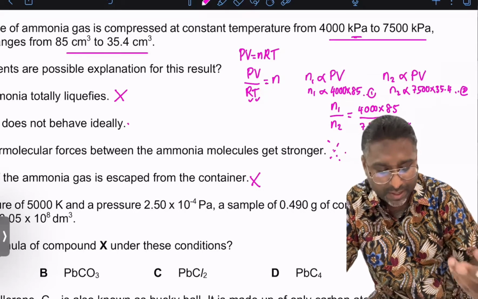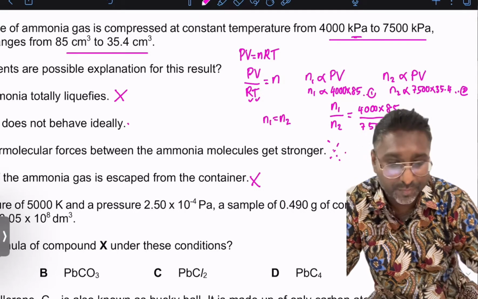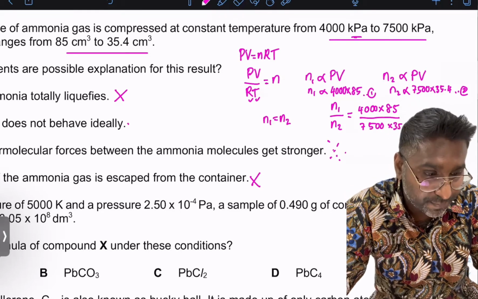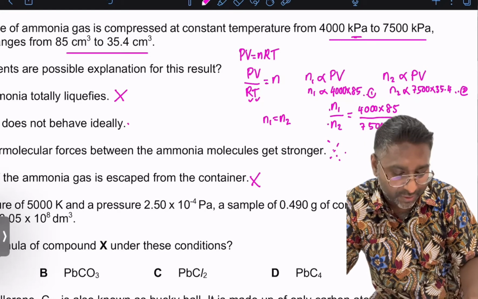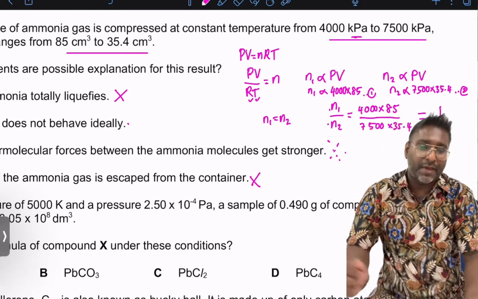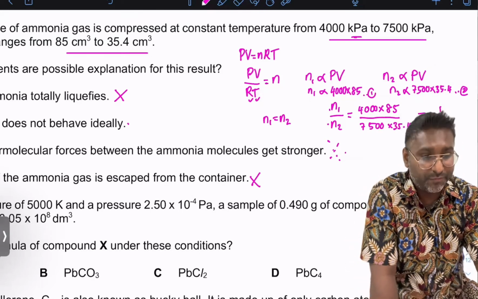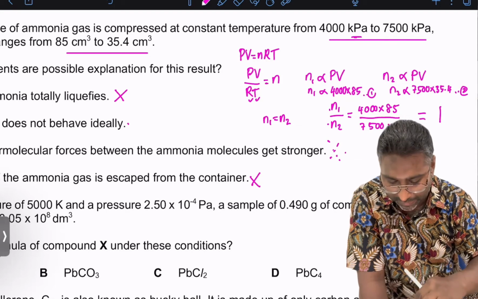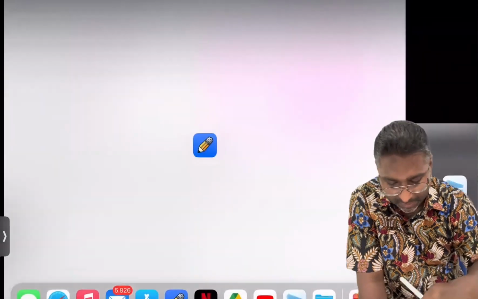Now, we need to prove that n1 is the same as n2, because if it is ideal, it must be the same. It means the same value divided by the same value, we are supposed to get 1. Let's see whether we are getting 1. If they are ideal, they must give you 1. The best way to show this is just by calculating.